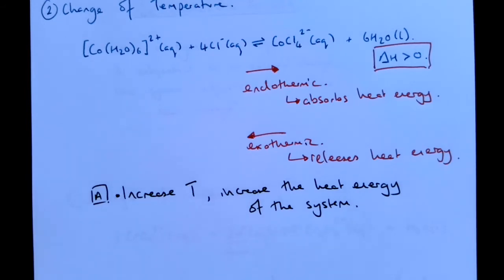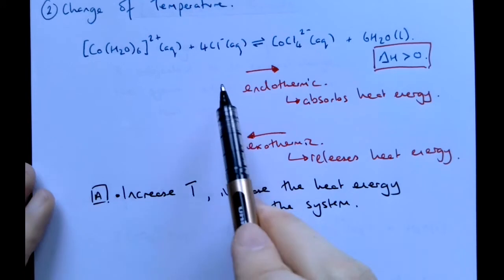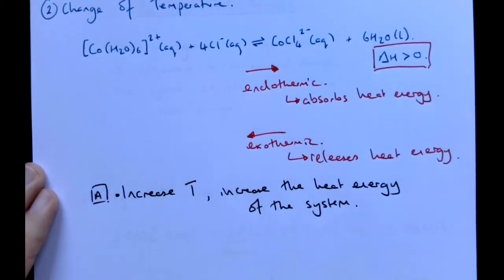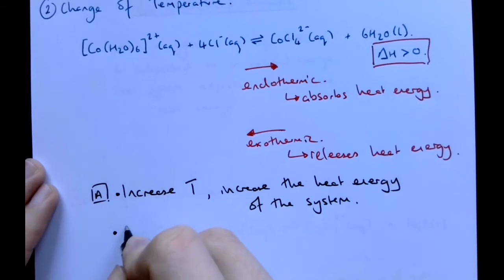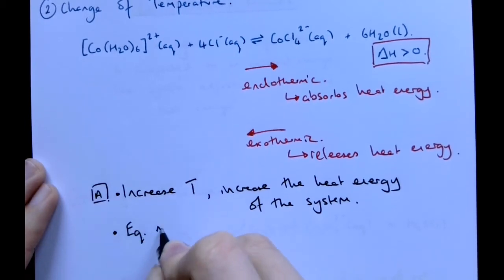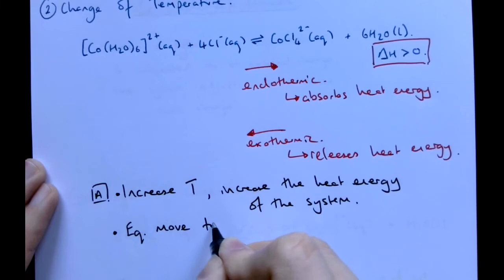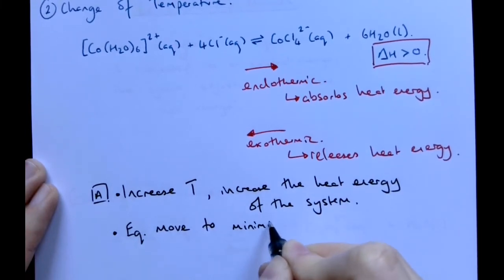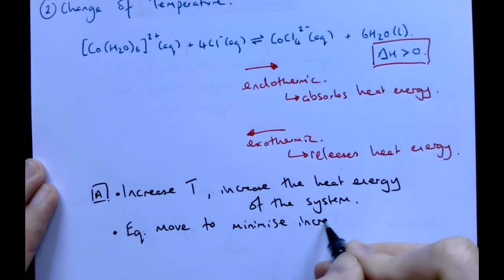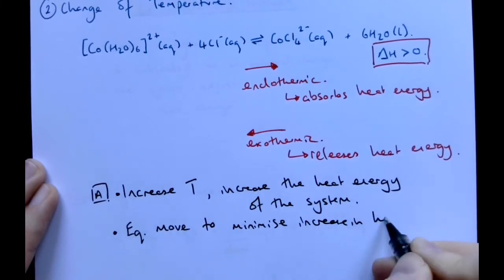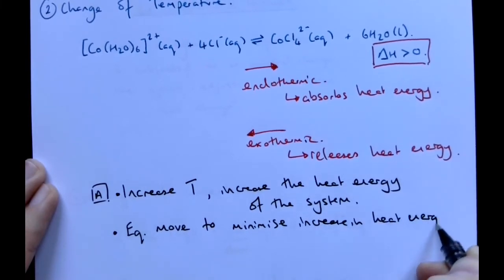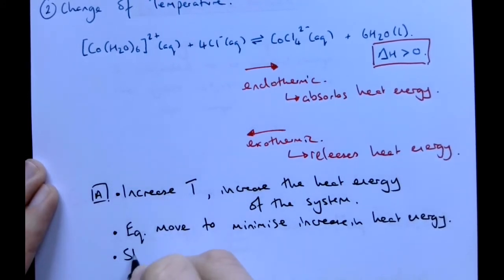How can it absorb heat energy? Well, it can do the endothermic reaction. So the equilibrium will move to minimize the increase in heat energy, which means that it will shift to the right.